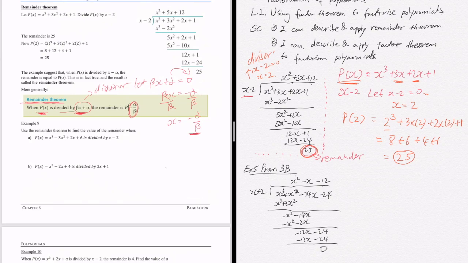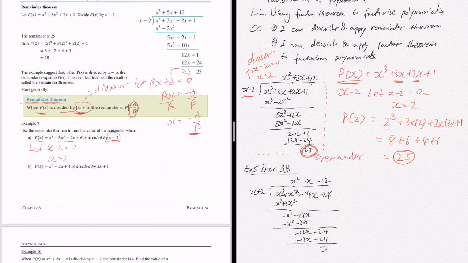Okay, so now let's have a look at example 9. P of x is divided by x minus 2. So x minus 2 is my divisor, and I let the divisor x minus 2 equal to 0. In this case x will be equal to 2.